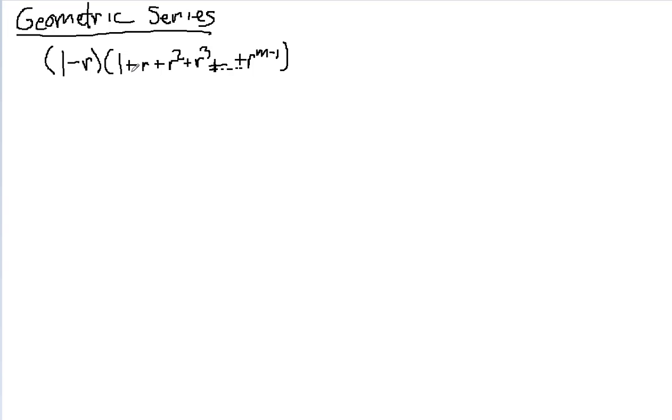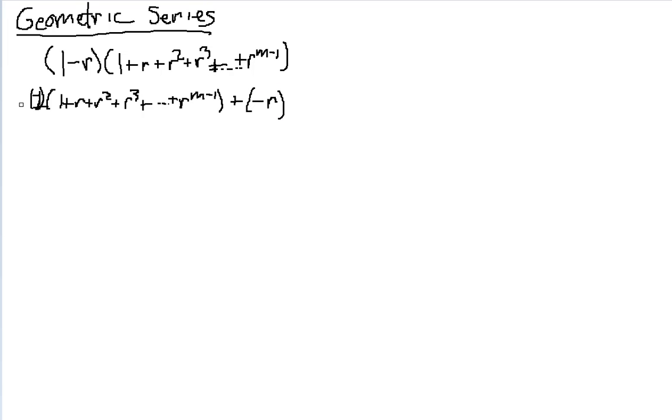So multiplying 1 by all of these is going to give me 1 times 1 plus r plus r squared plus r cubed plus ... plus r to the m minus 1, plus negative r.